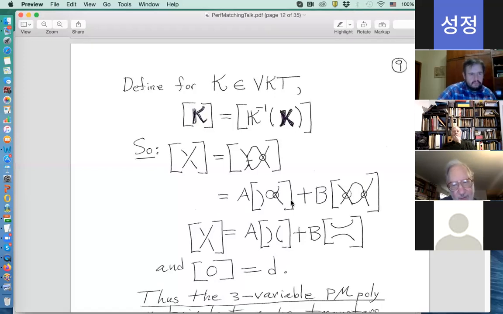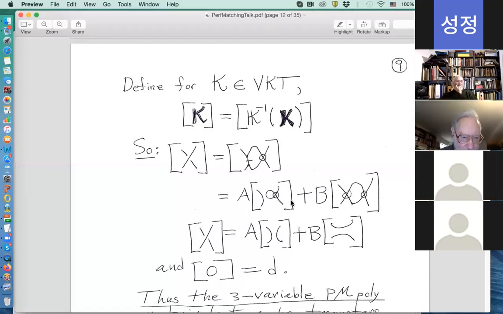If you have a given graph, it may have many perfect matchings, and so it will go over to many diagrams of knots and links, and each one of them can be expanded by the bracket, and that bracket expansion will be the perfect matching polynomial for the graph.